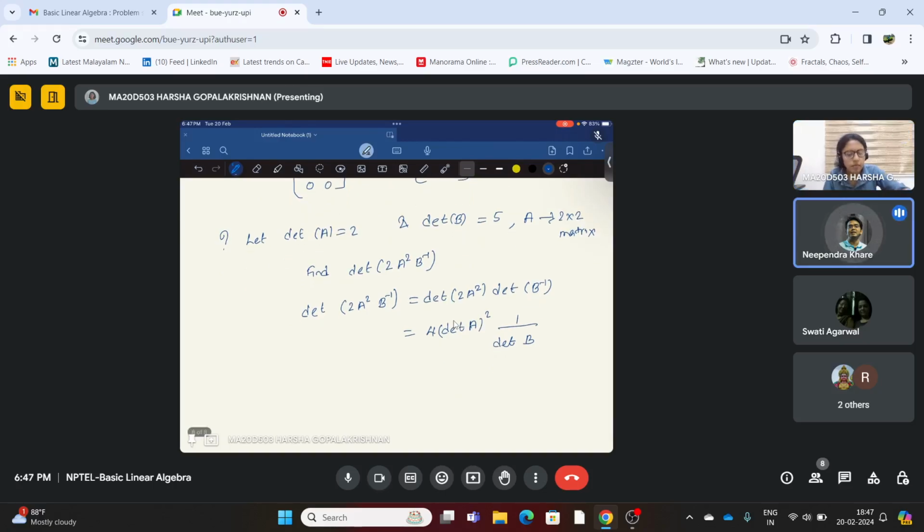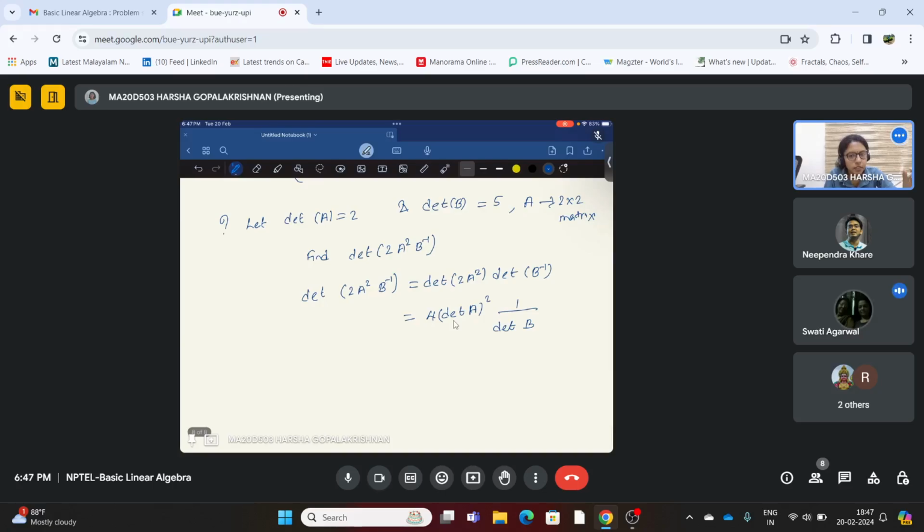Why does it have to be 4? It has to be 2 only, right? No, what is the order of A squared? It is a 2 by 2 matrix, which means it has 2 rows. We are multiplying 2 with the full A squared, that means with each entry, that means with each of the rows.